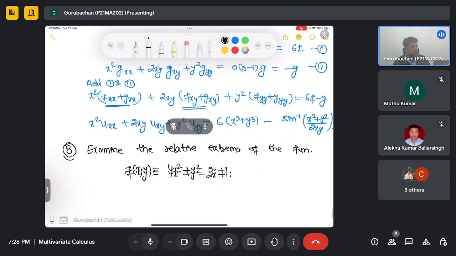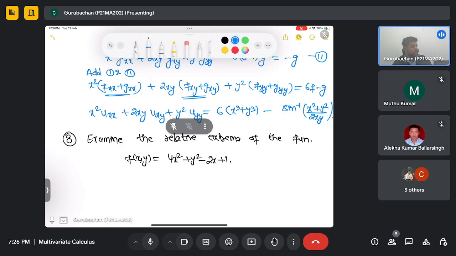So we need to find out the critical points first, then we need to see what those critical points correspond to, and also we will find out the related extrema value.